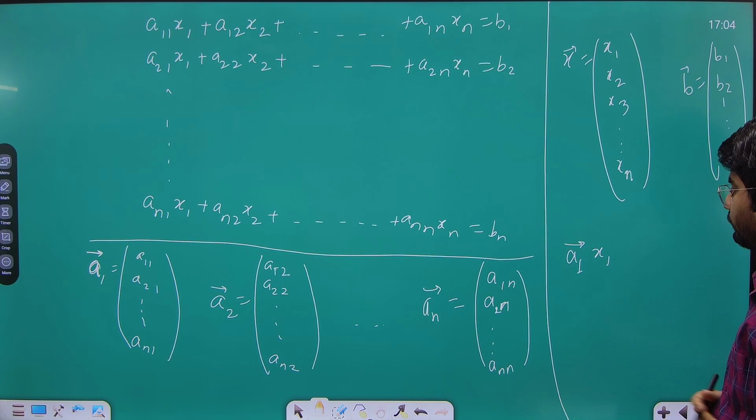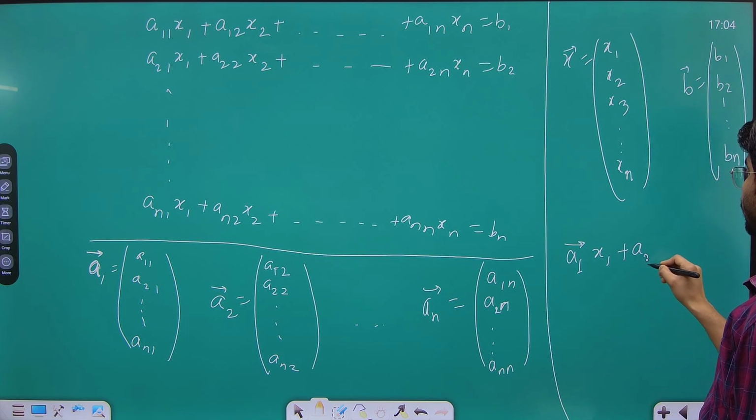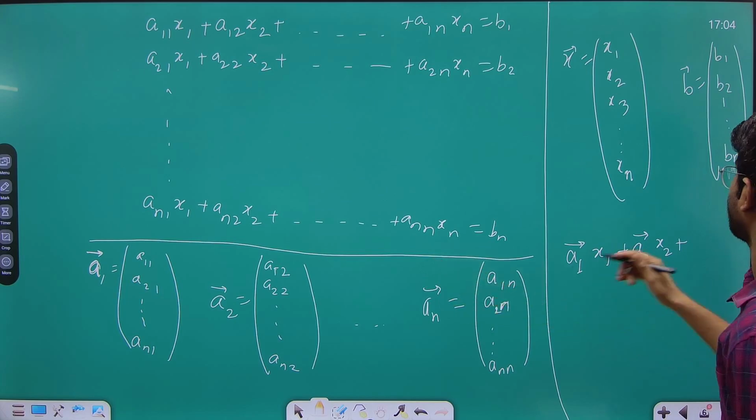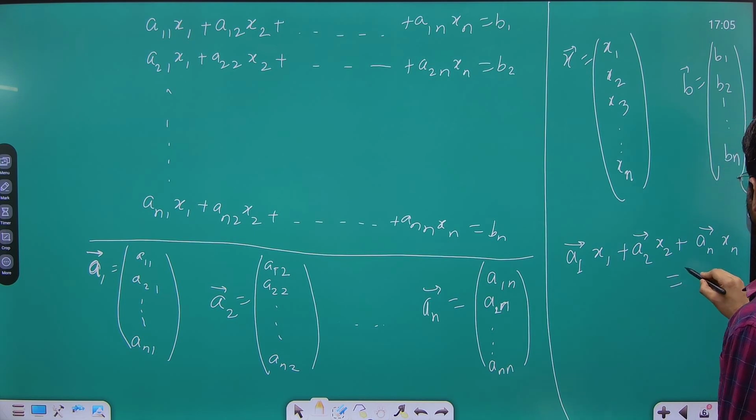Okay. So a1 vector multiplied with x1 plus a2 vector multiplied with x2, and in a similar fashion you get an vector multiplied with xn, which is equal to vector b. Okay.